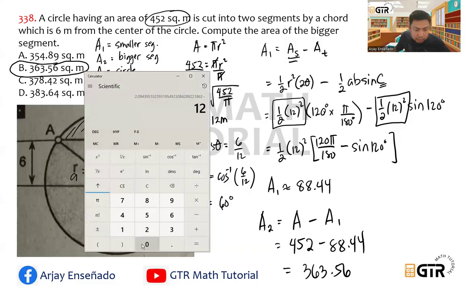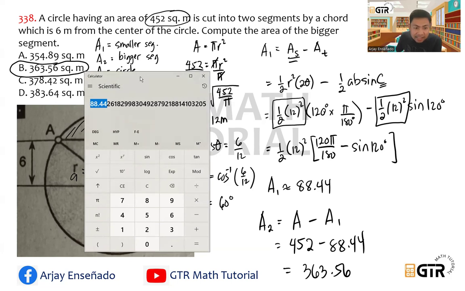So 120 degrees first, and then I'll press the sine. And then press the equal sign. So that is the value of this. And then I multiply by 12 squared. So 12 squared, equal sign, and then multiply by 1 half or divide by 2. And then we will get 88.44 rounded to 2 decimal places.